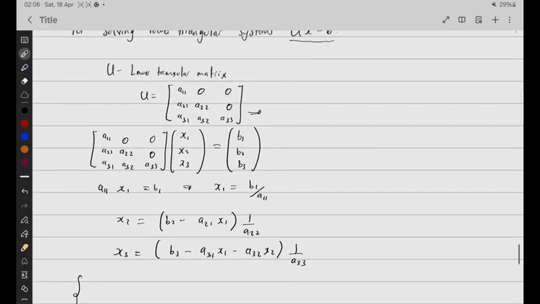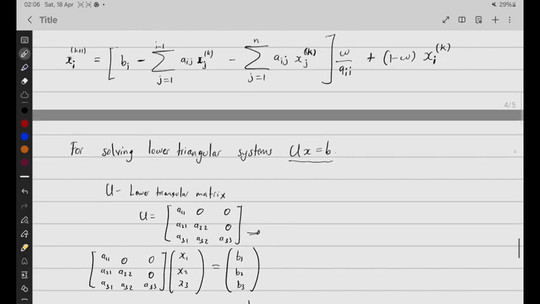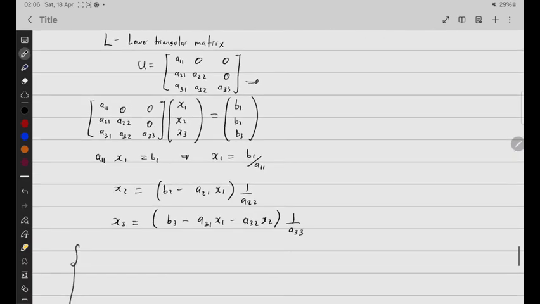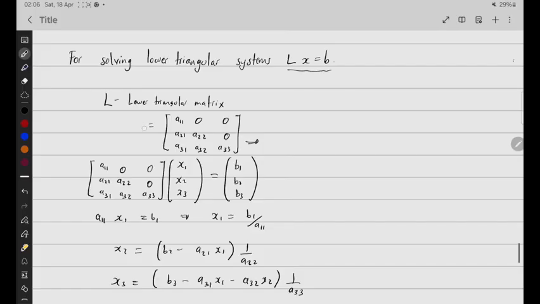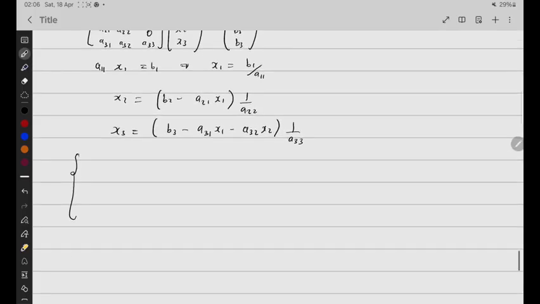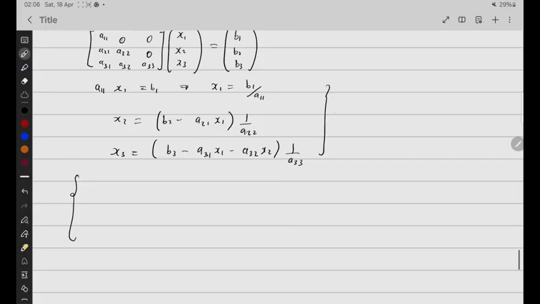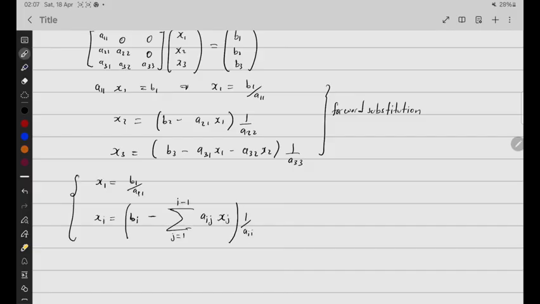I called this U, but that doesn't really make sense, it's supposed to be L. So if it's a lower triangular matrix, what we have just done is what we call forward substitution. That's forward substitution, and therefore we have an algorithm in this form.